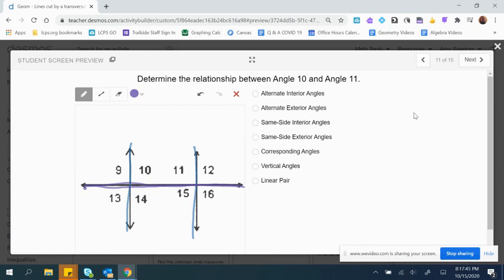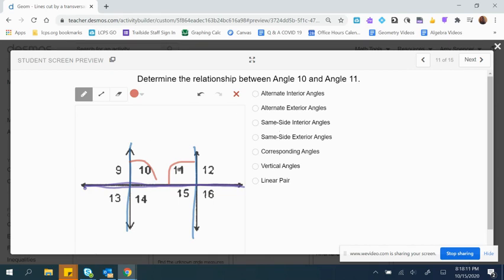So the question asks us to find the relationship between your angle 10 and your angle 11. So these are the two that we are looking at, angle 10 and angle 11. So I want to find out, first of all, if they are going to be alternate or if they are going to have a same side relationship, because those are going to help me to narrow down some of my other choices.